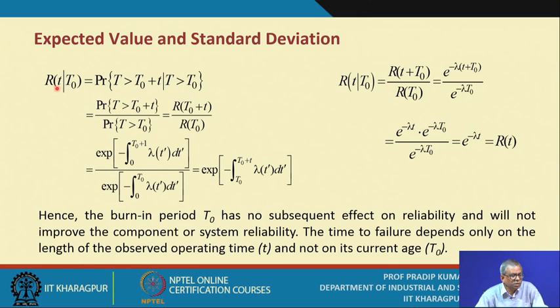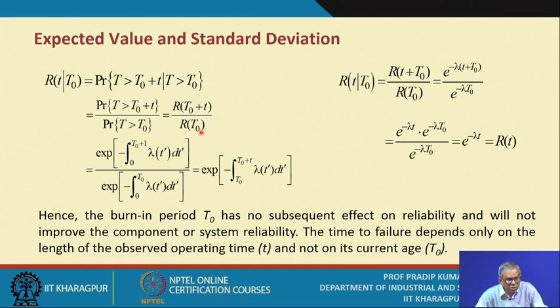Then the reliability up to T0 time period. So these are the expressions we have made. That means the probability that capital T is greater than T0 plus t, provided T is greater than T0. Is it okay? So these sort of conditions you come across, assuming the exponential density function.